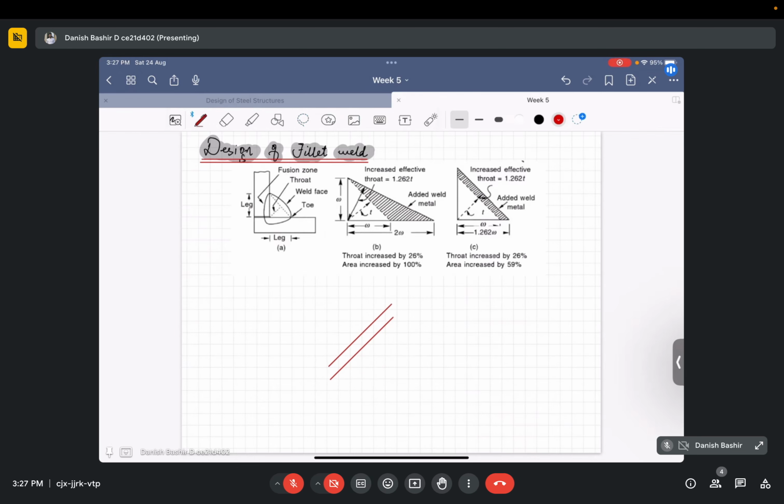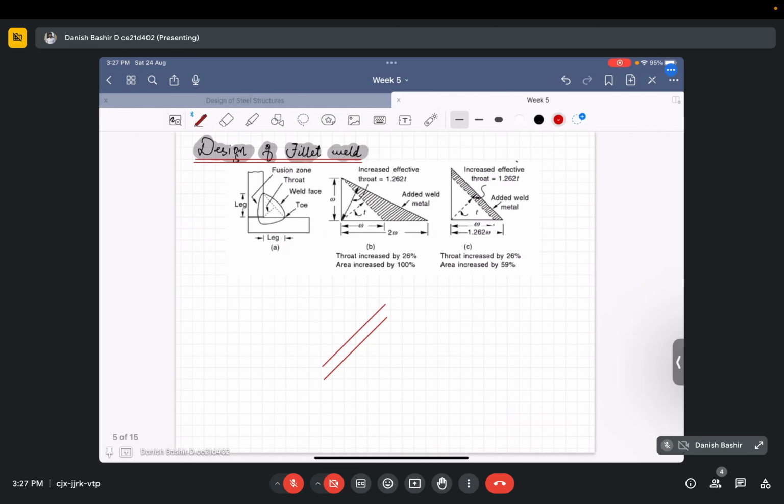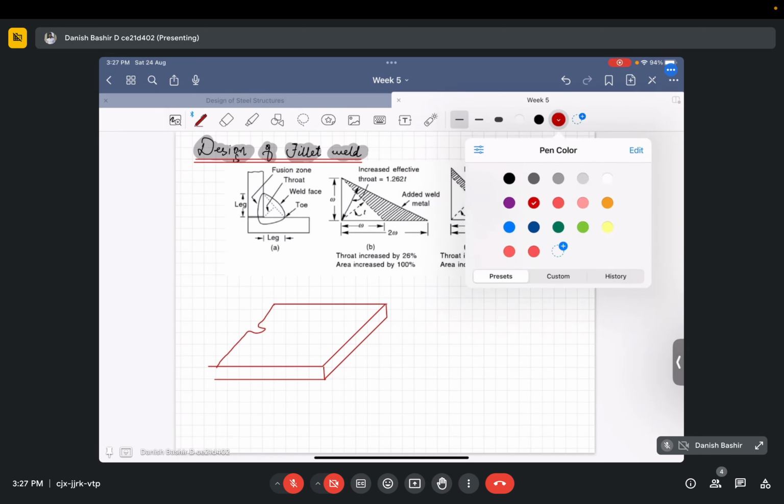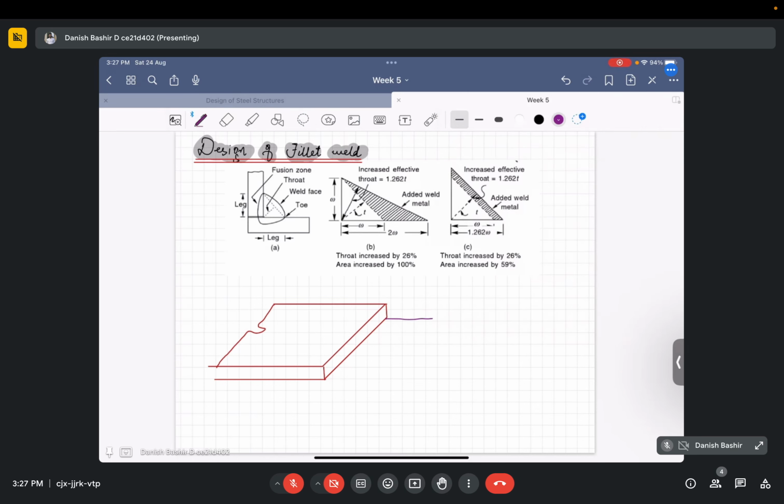So we are having this one member. I am not drawing this from this side because this is continuous from this side. Okay, I hope this is clear. So it is being overlapped on another member like this.